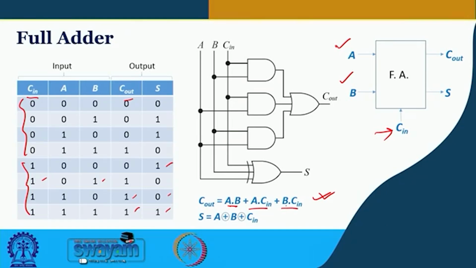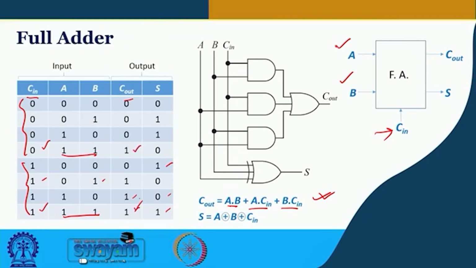If we combine these product terms, we get the carry out. Just to see, for example, when A and B both are 1, here and here, at that time, irrespective of carry in being 0 or 1, the output carry out is 1.